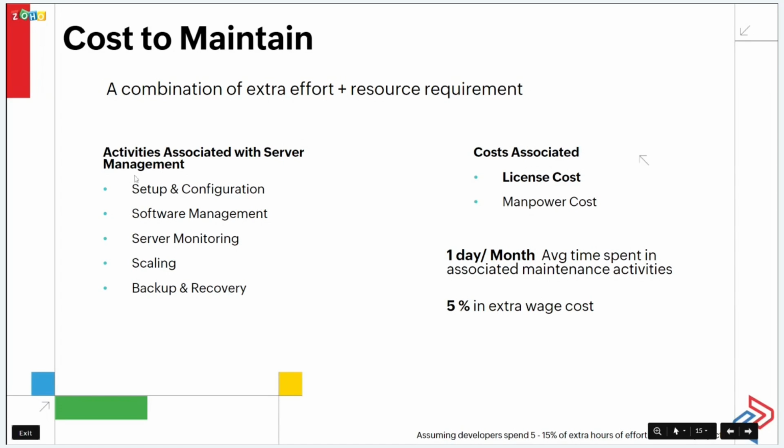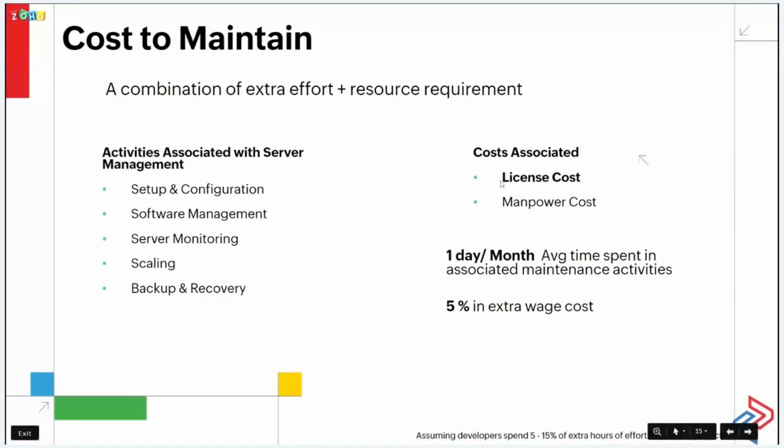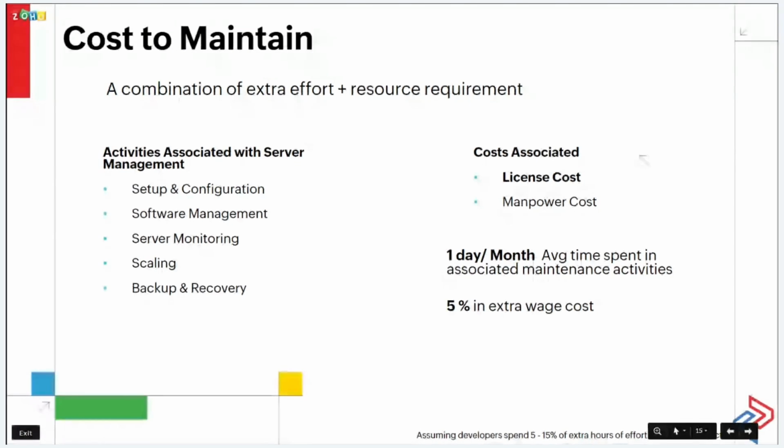Now, with these particular activities, we could figure out two different costs that would be associated. You would have a license cost in case there is any new software update that you need to install, or if there is any new software package installation that is required, which has a license involved. The second cost would be the manpower cost.